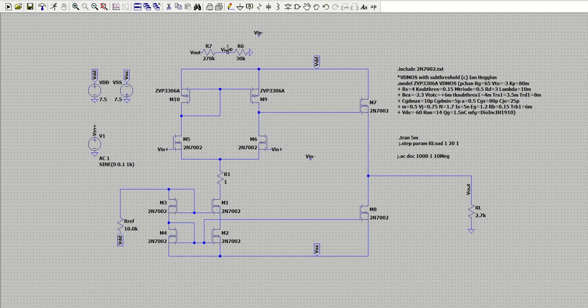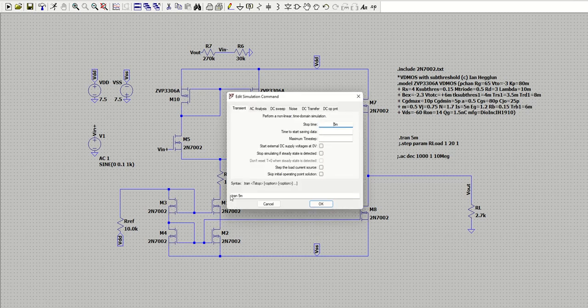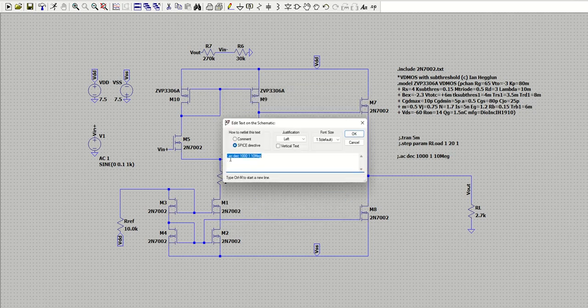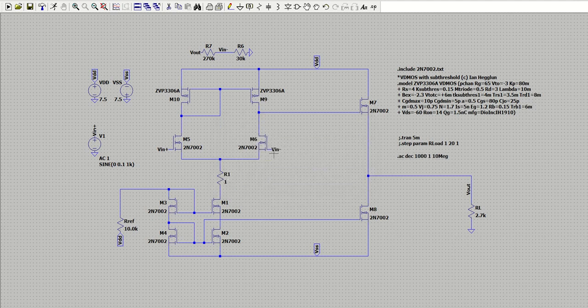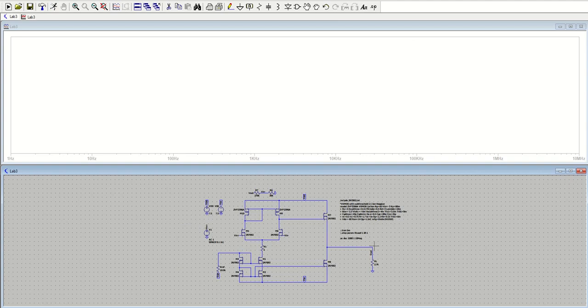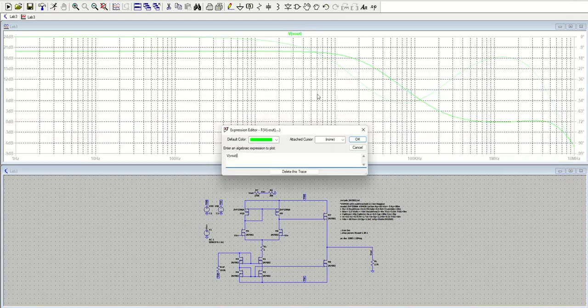But first I need to set the amplifier back up into normal operation, connecting the negative terminals back up. I'm going to rem the transient analysis out and unrem the AC analysis. I'll change the trace to blue so it's easier to see.